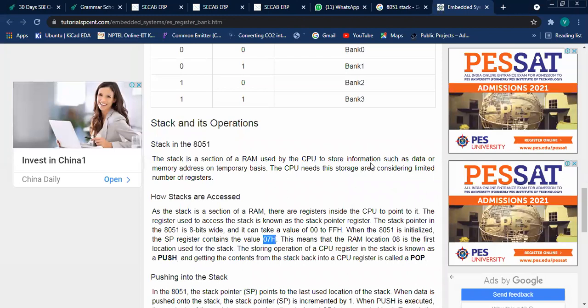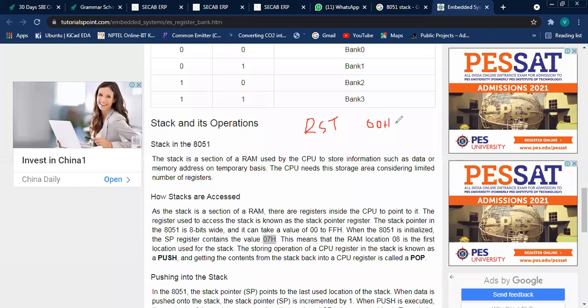So what will happen whenever a microcontroller is reset? Whenever reset happens, the microcontroller starts from the beginning, that is, it will go to the 00 address.